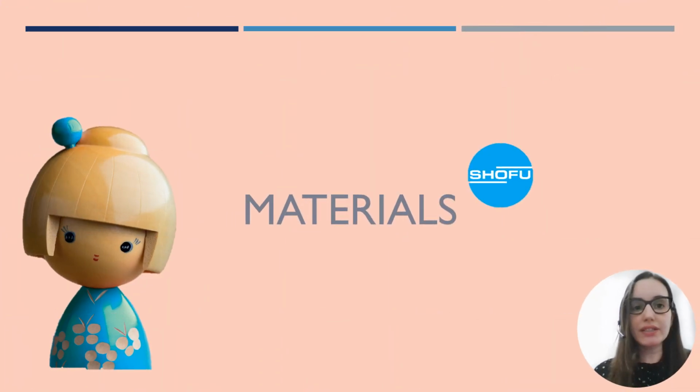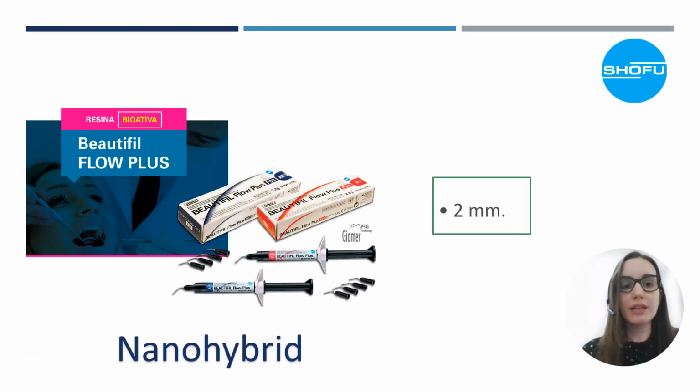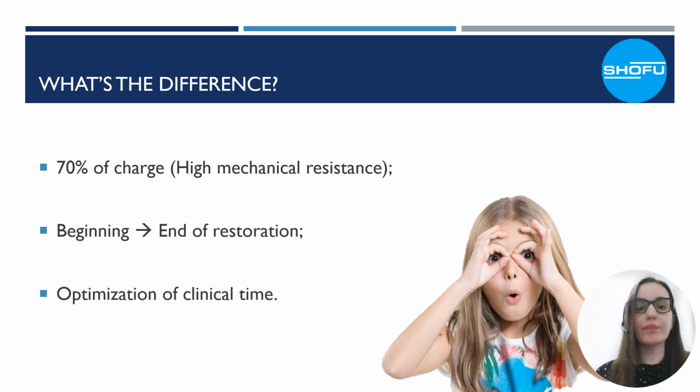So let's check some materials with this S-PRG technology. First one is a flowable composite resin, which is nanohybrid and must be added in 2 millimeter layers. And what's the difference between this one?